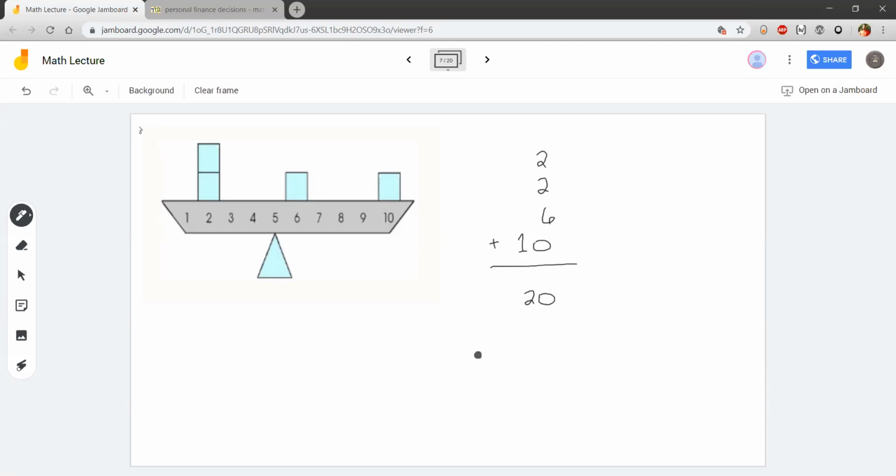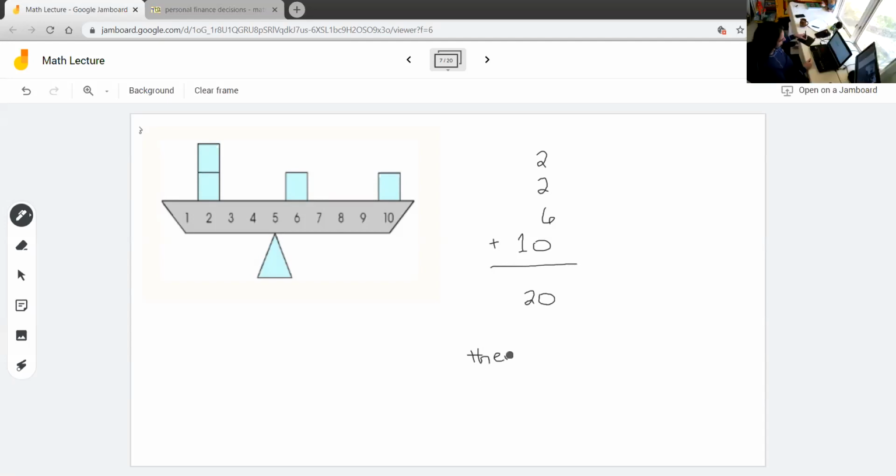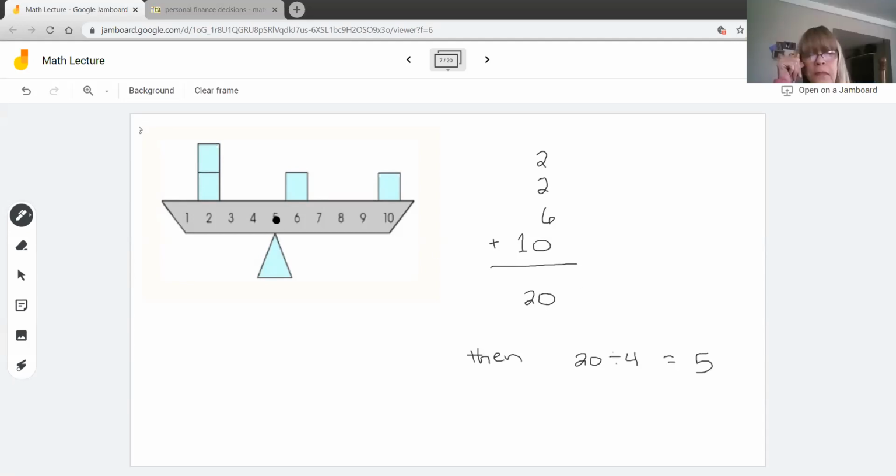And then we divide by how many? 4. You get 5. So 5 is the balance point, right? That looks right. None of them actually are 5, but that's sort of a number that represents what's happening in this picture.